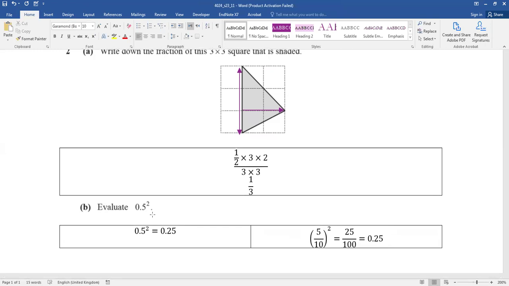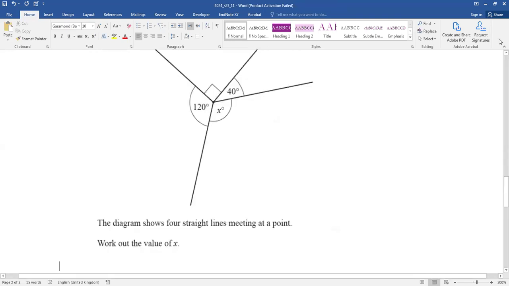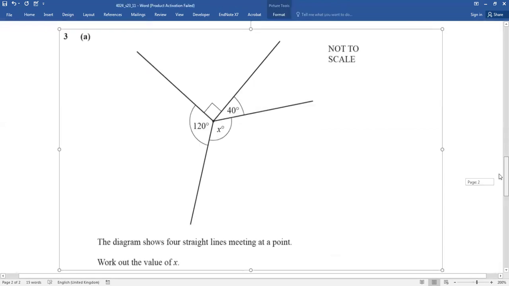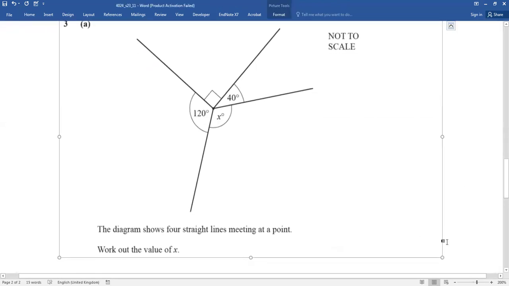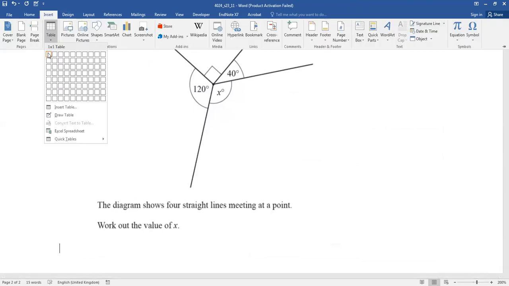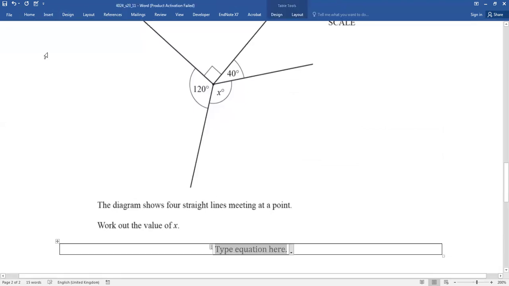The next question is regarding angles. The diagram shows 4 straight lines meeting at a point, and they want us to find the angle x. So the sum of angles at a point is 360.